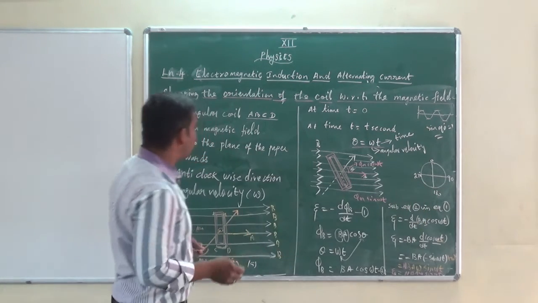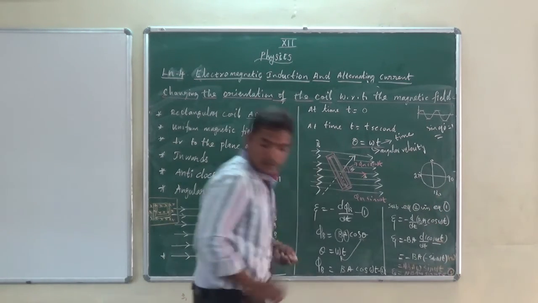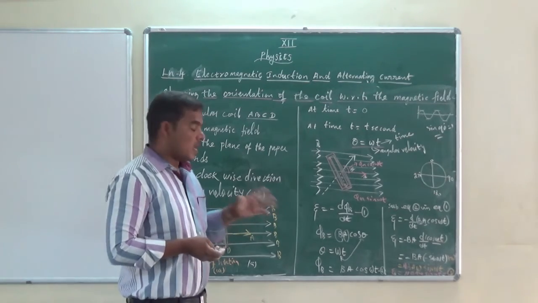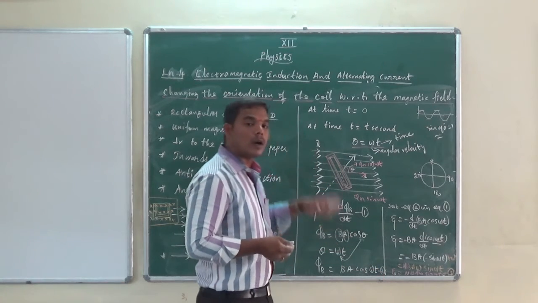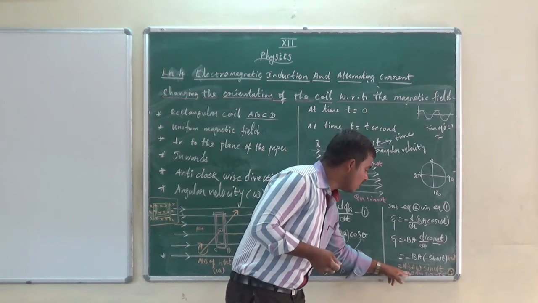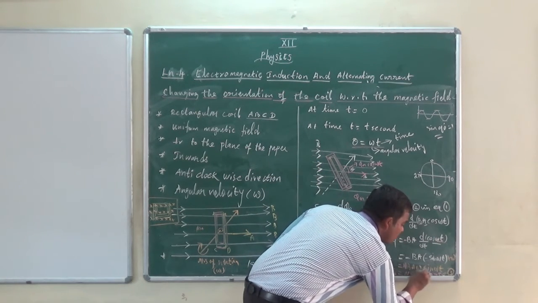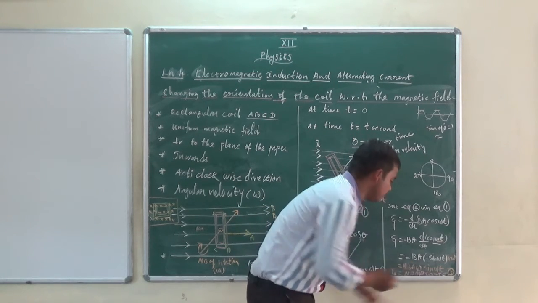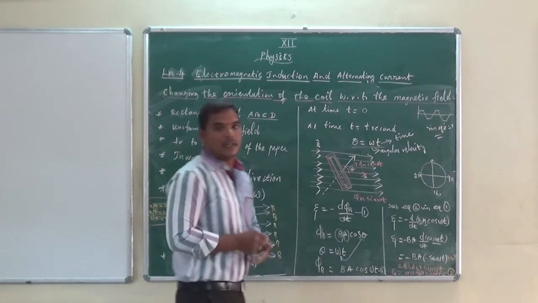We consider this as equation number 3. Just identify this equation at the bottom of the board. I hope you are able to catch it: epsilon equals n B A omega sin omega t, where this is not w but omega, the angular velocity.